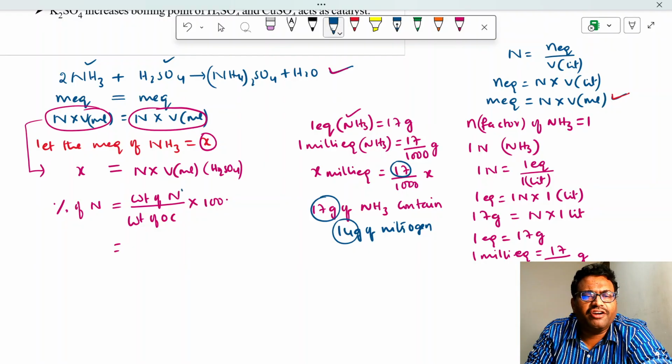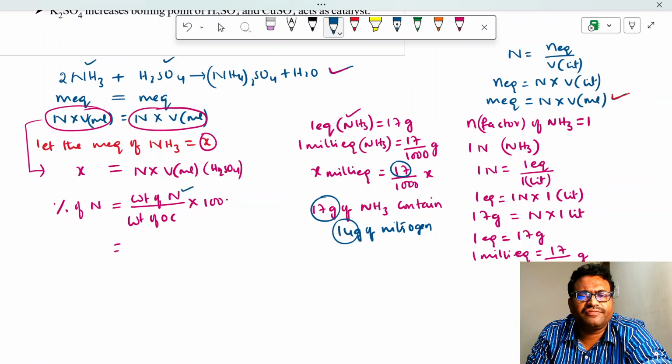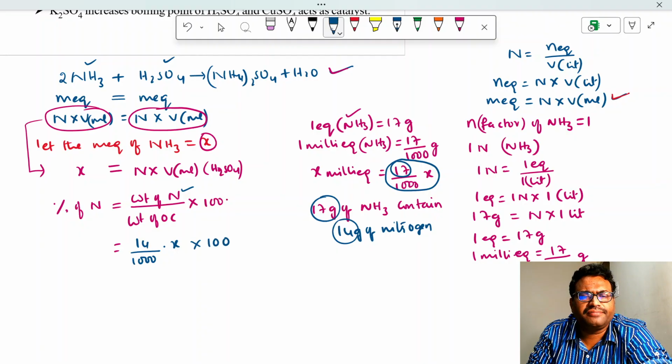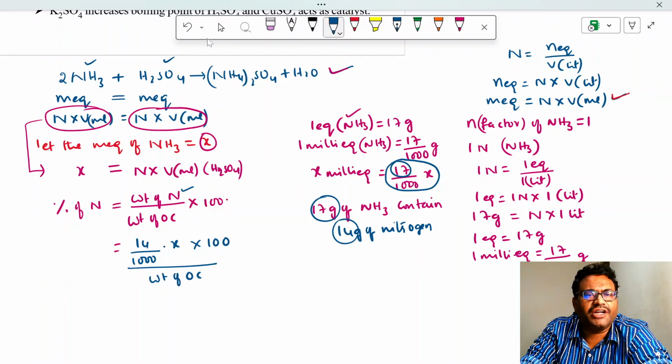So weight of nitrogen. This one is weight of ammonia. In this, weight of nitrogen will be 14 by 1000 into X, into 100 by weight of organic compound. Right? Are you getting this? This point is important.